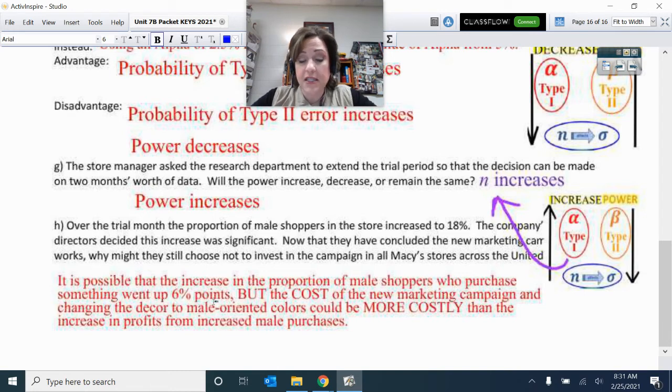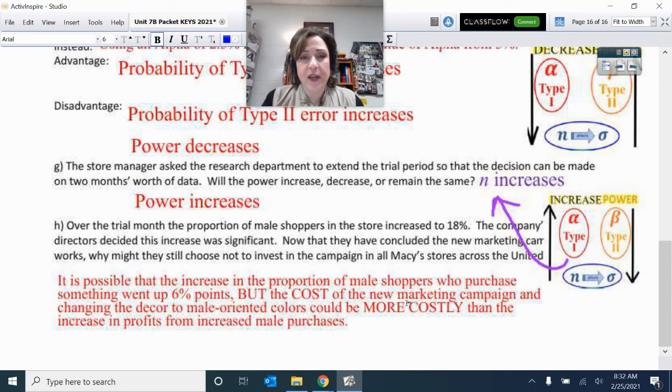It could be that making that change is more costly than the increased revenue they're going to see from that additional 6% of purchases. So that would be why, even though they know there's an increase, they do that cost analysis and see it just was not enough of an increase to make the new campaign worth it.